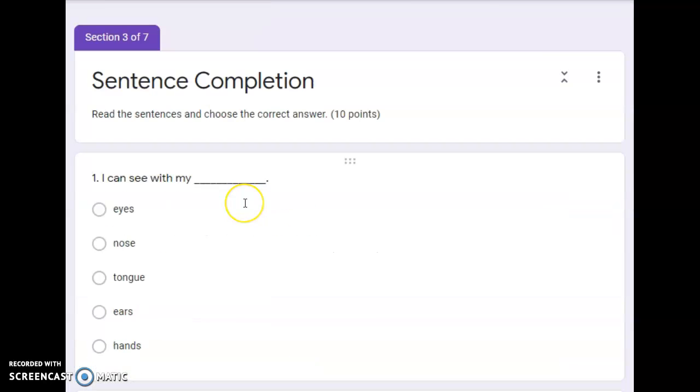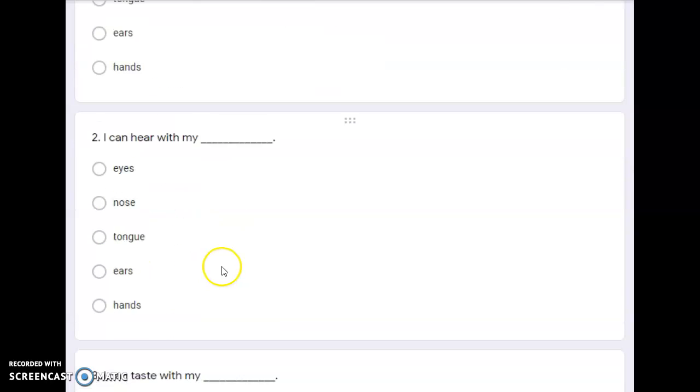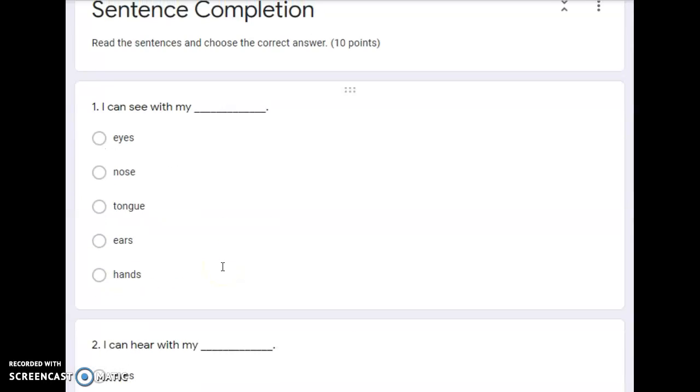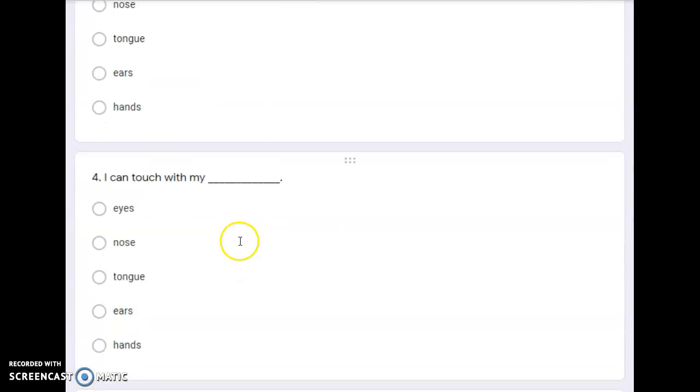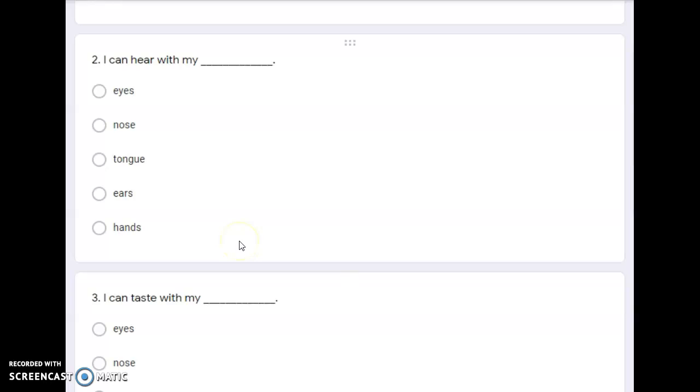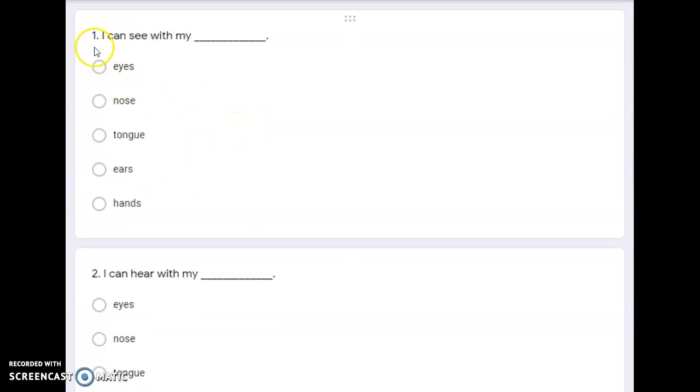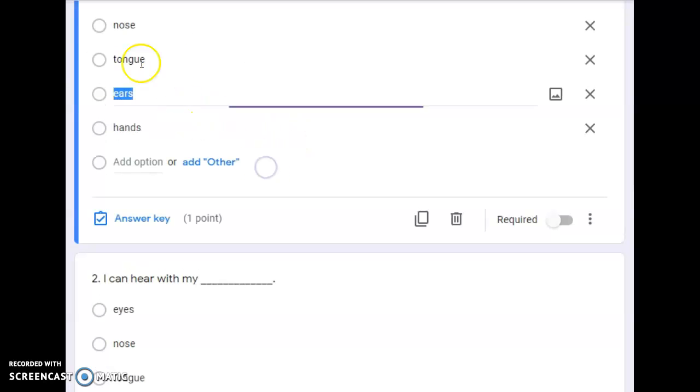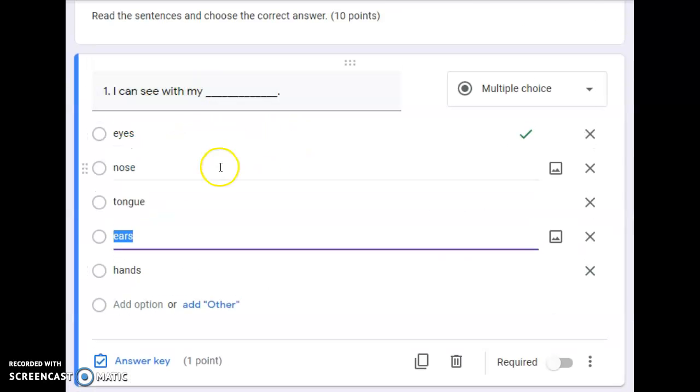Okay, so let's go to section 3. For questions 1 to 6, I think they are all body parts. I can see with my eyes, nose, tongue, ears, hands. Of course we can't see with our nose. Silly teacher. So, eyes.